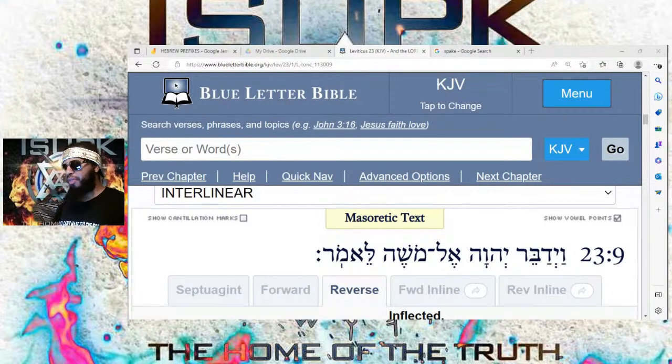How do we know that the bar is conjugated in the past tense without looking at the English? Can anybody tell me? How would we know?